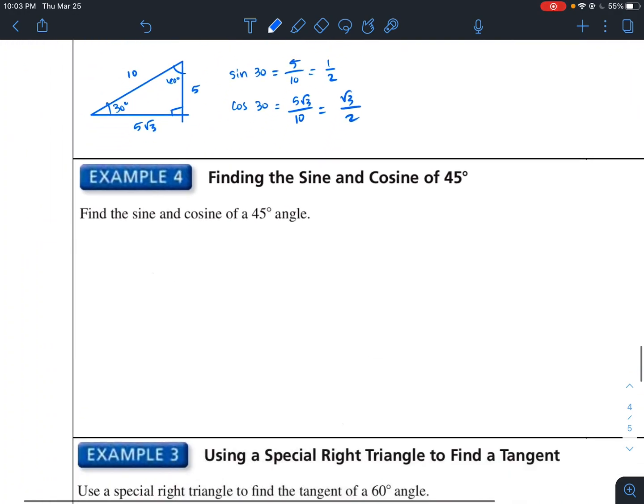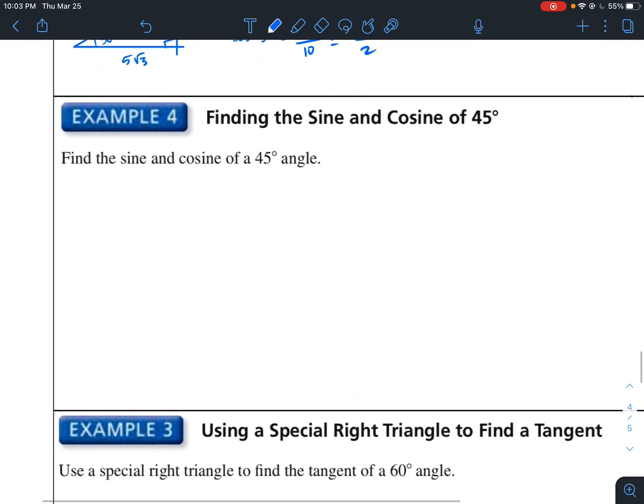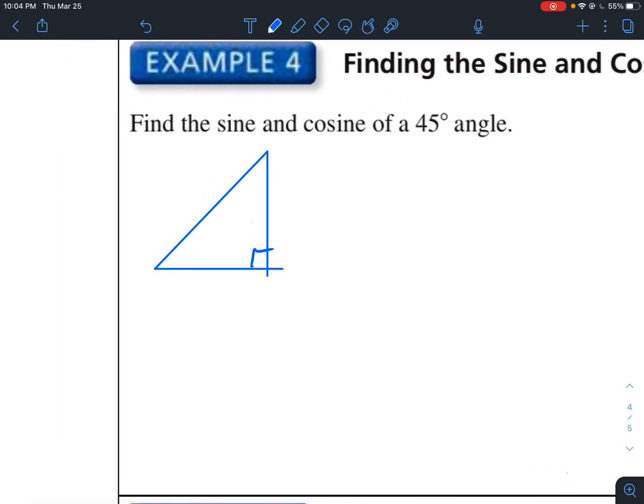Okay, so it's the same thing for a 45-degree angle triangle. So let's draw 45, 45, 90. So the ratio for 45, 45, 90: if this is 45 and this is 45, the side lengths of the legs are always the same.